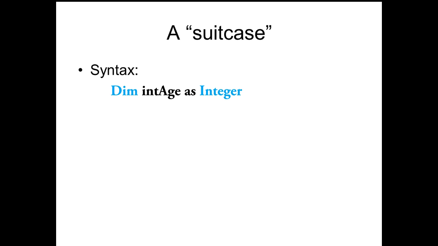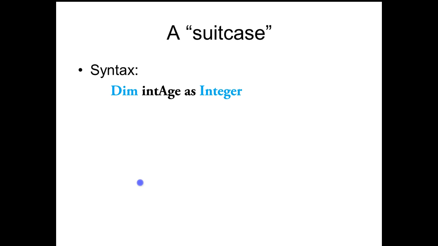Think of a variable in a computer program like a suitcase of some type, where you can pack it full of a certain type of information, and then you can pull that out whenever you need to use it. What you do with a variable in a computer program is, first of all, you need to let the computer program know that you're going to use a variable and what its name is and what type of value the computer should expect to find in that variable.